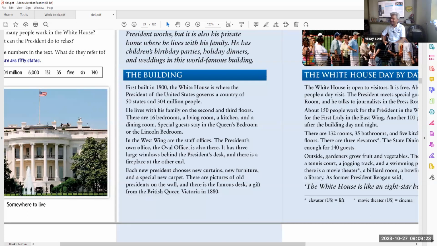A special guest, like prime ministers and presidents of other countries, can stay in the Queen's bedroom or the Lincoln bedroom. If you are a special guest in the White House, then you can.